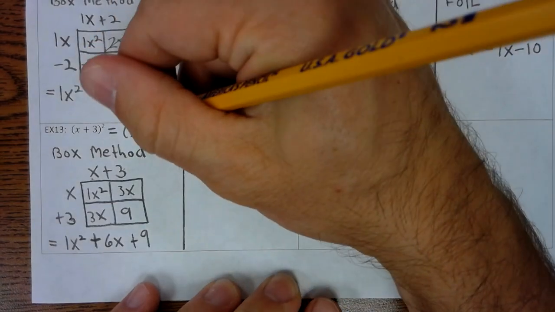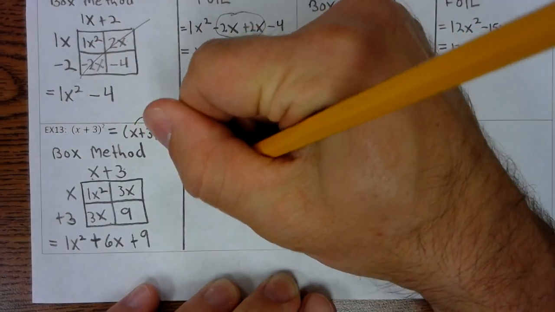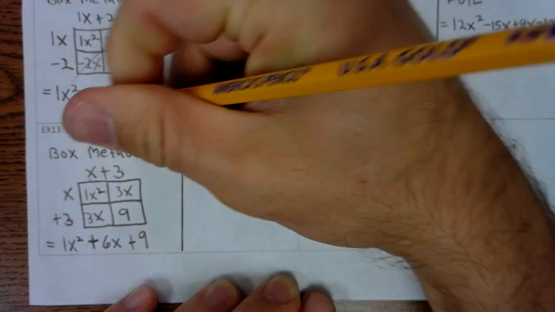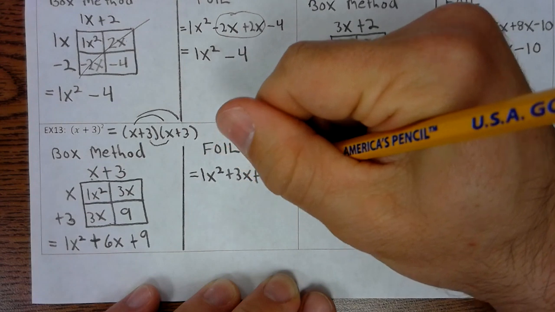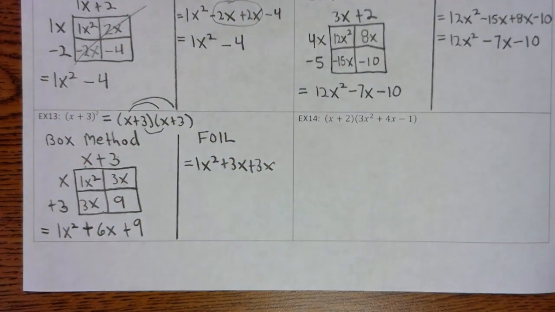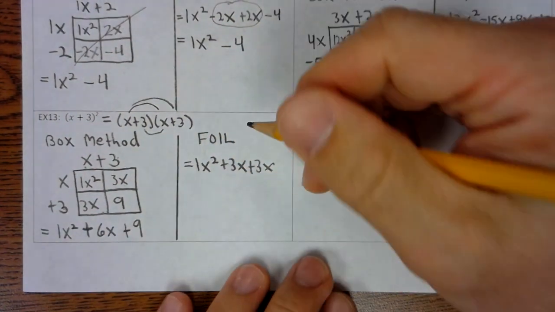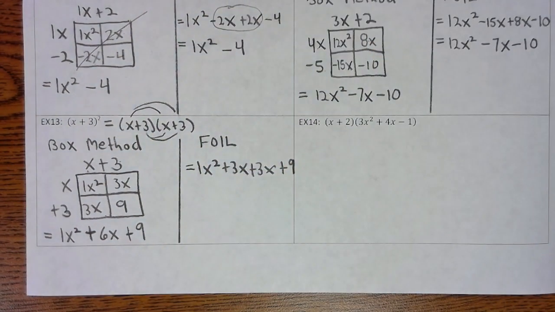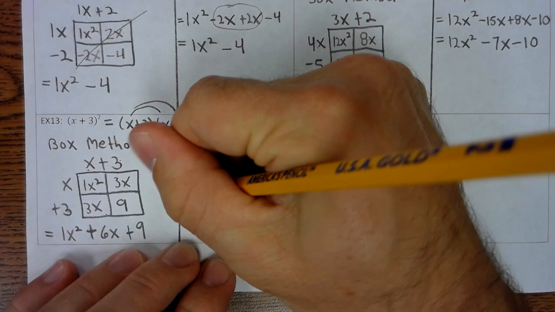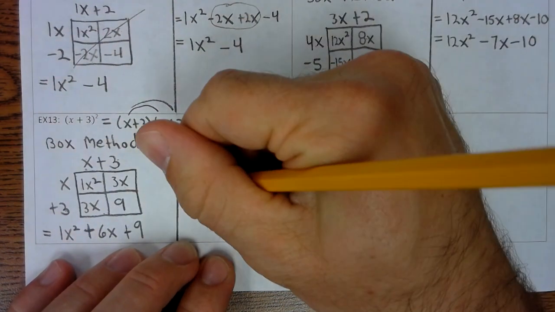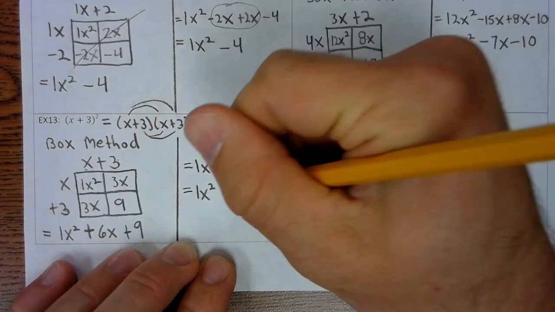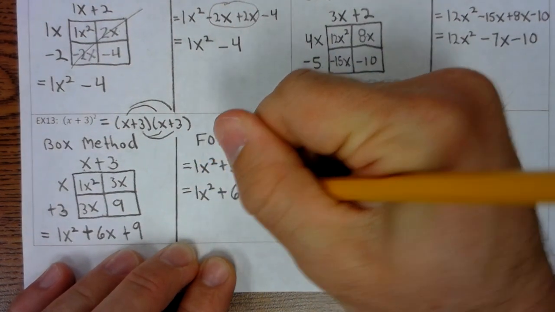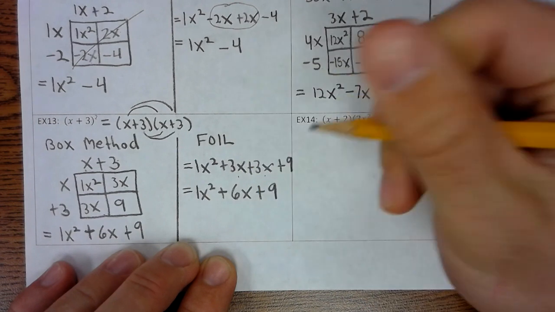Now to FOIL, x times x is 1x squared. x times 3 is 3x. 3 times x is 3x. And then 3 times 3 is 9. Okay, so you have 1x squared plus 3x plus 3x is 6x plus 9.